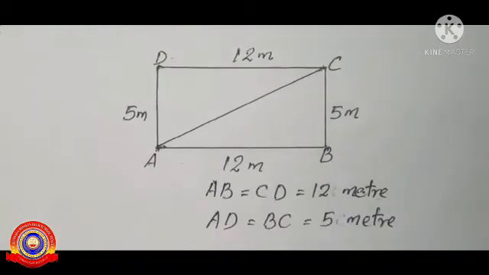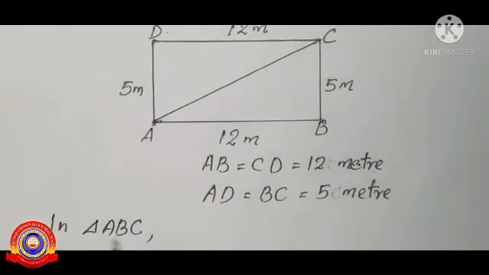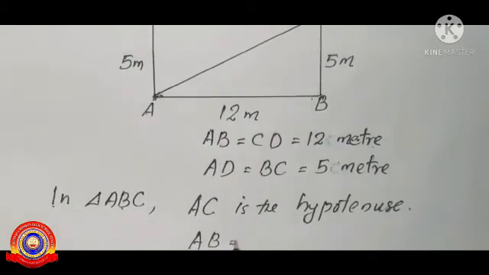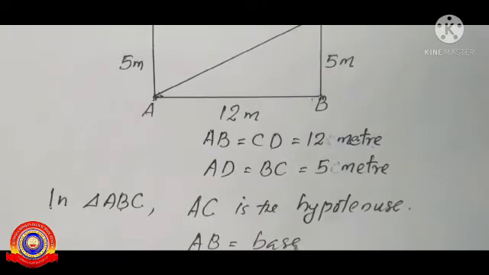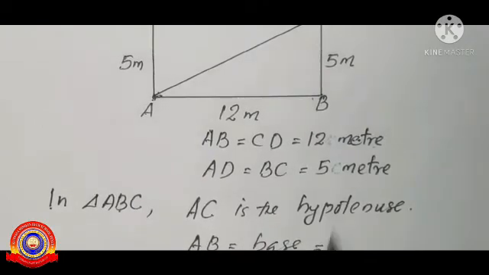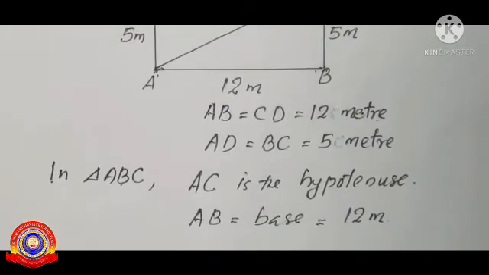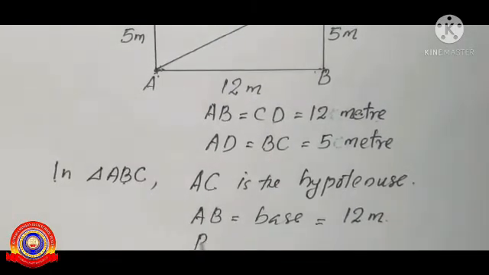In triangle ABC, AC is the hypotenuse of the triangle. Then AB is the base of the triangle, which is equal to 12 meter. Then BC is the altitude of this triangle. So BC equal to 5 meter.